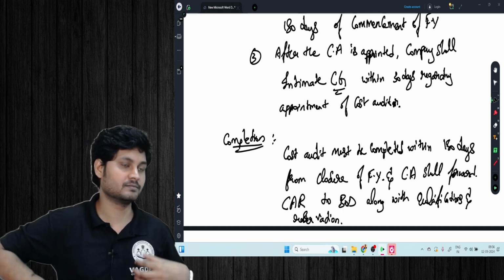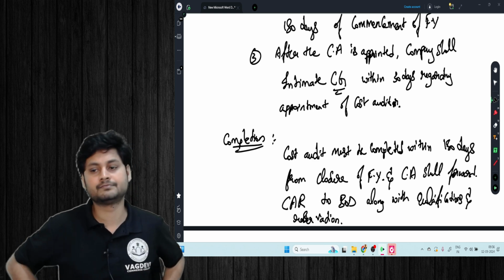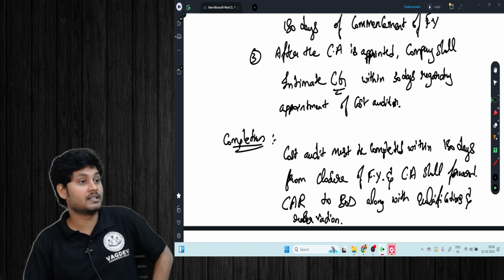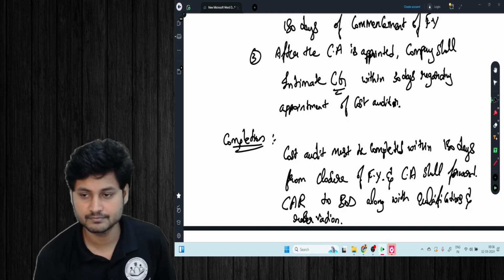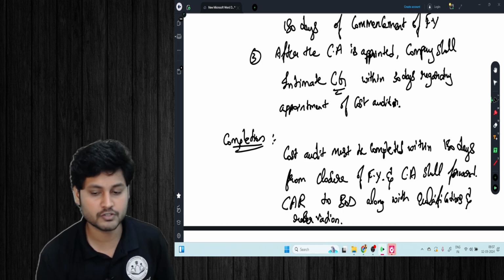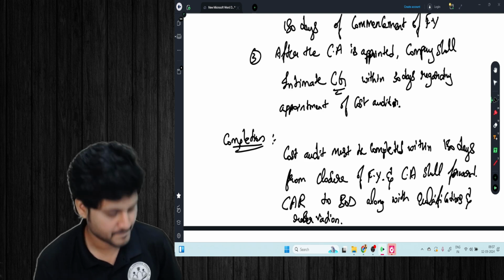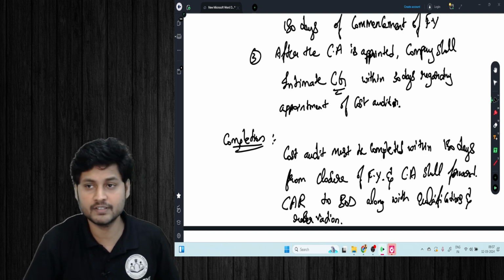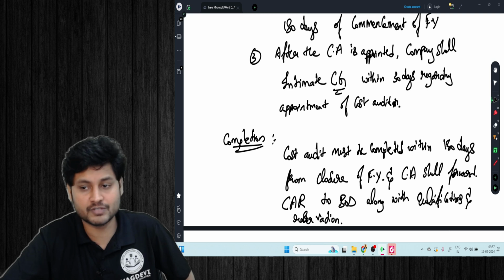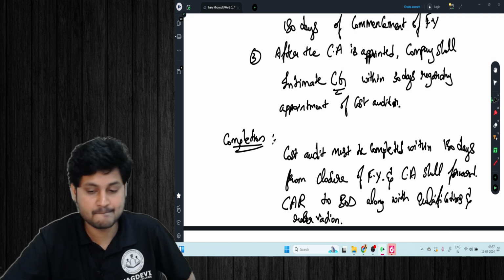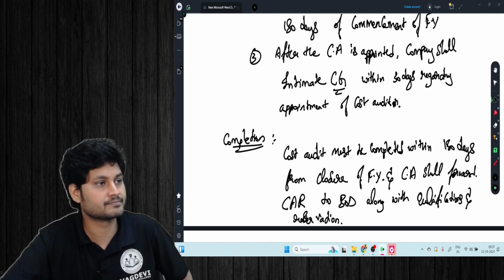Removal. Keep the side heading removal. Cost auditor may be removed by board of directors by passing board resolution.